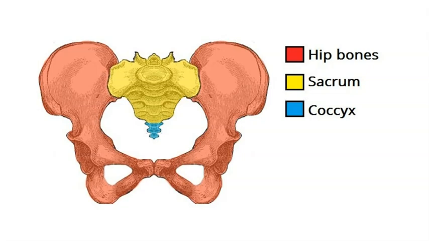Developmentally, in the fetal skeleton, the coccyx begins as 4 individual bones, but then later on fused together. So therefore, we count the coccyx as a single bone as well in the adult skeleton. So counting the sacrum and the coccyx, this brings our total count of the bones in the adult vertebral column to 26.